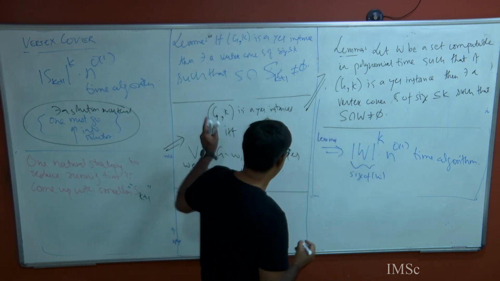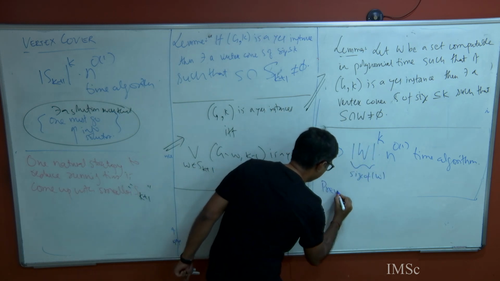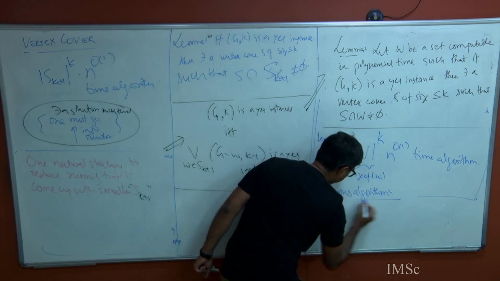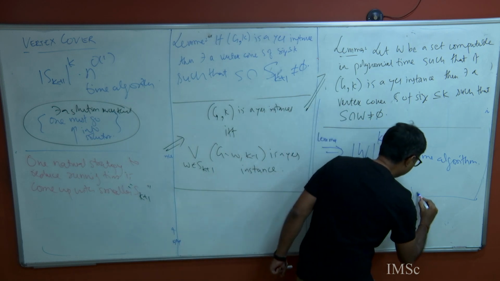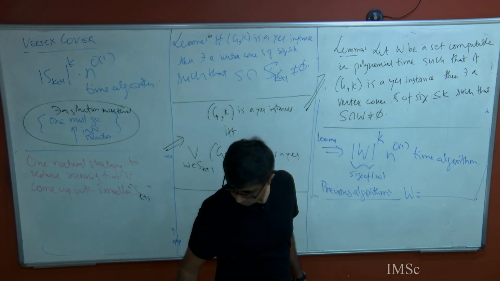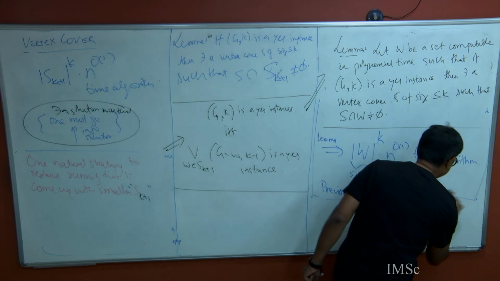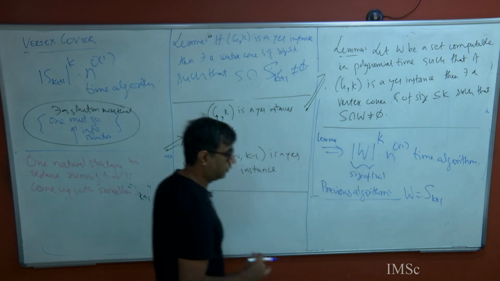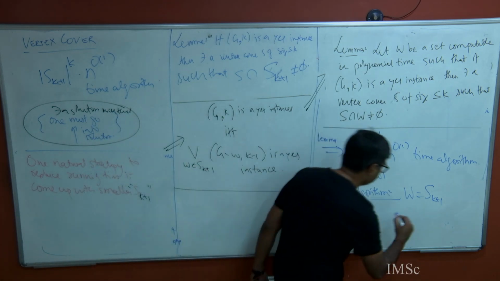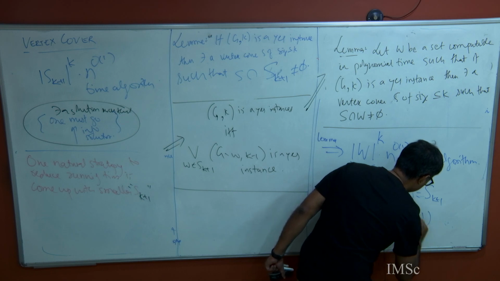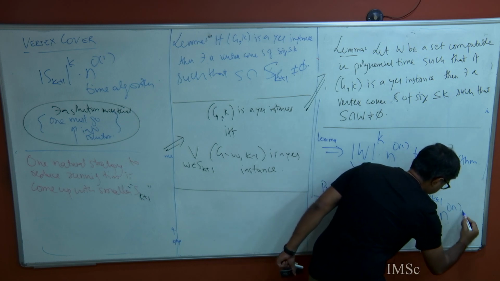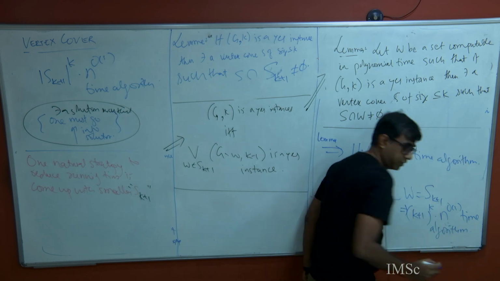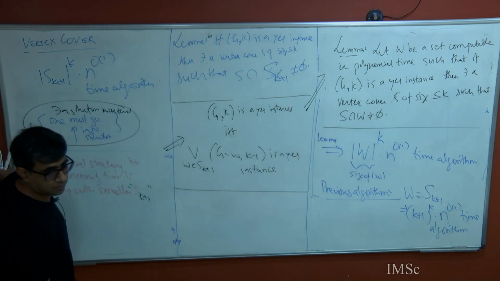And in our previous algorithm, W was equal to Sk plus 1. So there is nothing special about Sk plus 1.